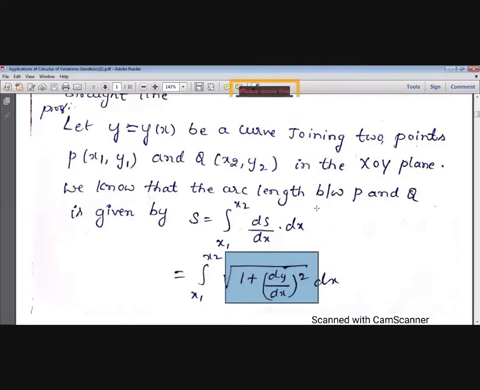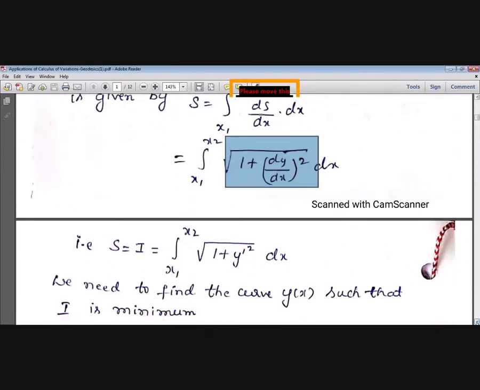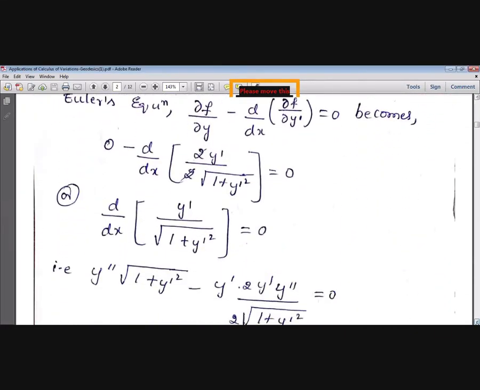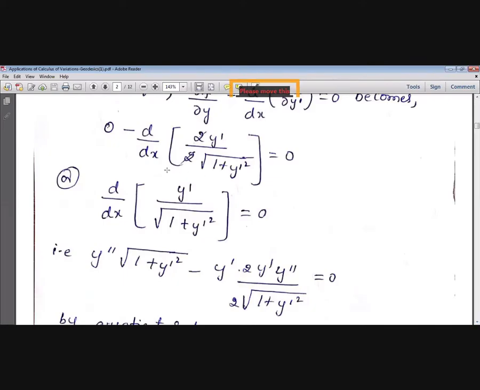UV rule. Sir, can you explain the differentiation by UV rule again? I will explain.